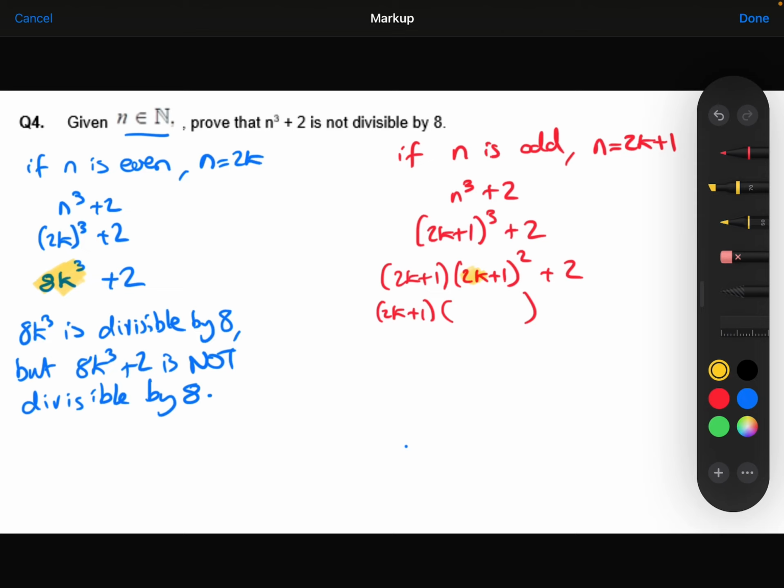We've got the 2k squared is 4k squared. The 2k times the 1 is 2k, but there's 2 of those, so that's going to be 4k. And then we've got the 1 squared.